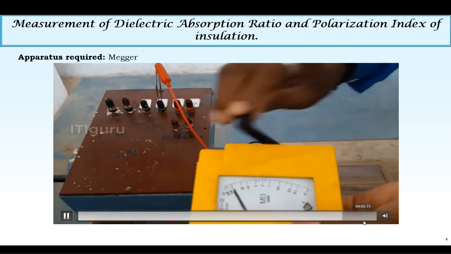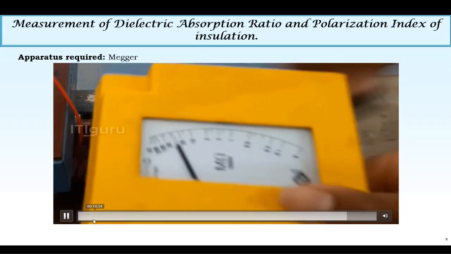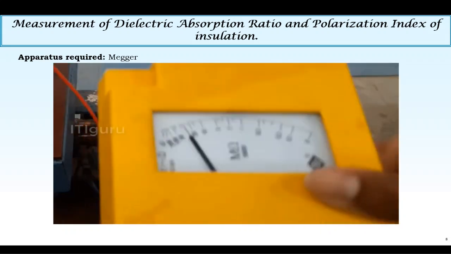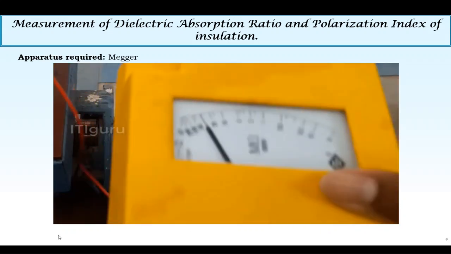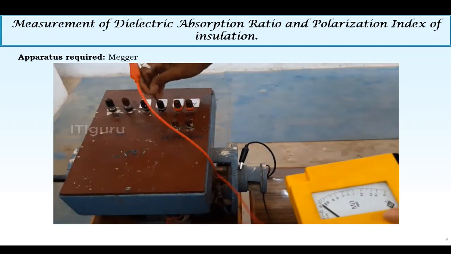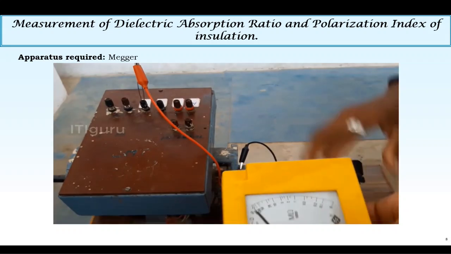Check the third one. Also it shows insulation resistance near to infinity, so that terminal is also working. Like this you can measure the insulation resistance with the help of Megger.